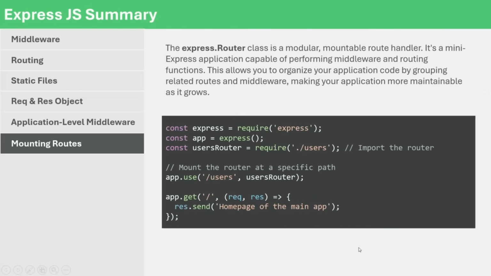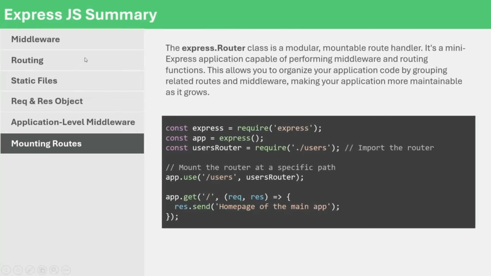For example, we are going to learn how we can connect our Express application to a database like MongoDB, how we can handle errors in our Express application, how to implement authentication and authorization in our Express application. So we are going to learn a lot about Express in our coming sections. But these concepts which we have learned in this section are the fundamental concepts of Express.